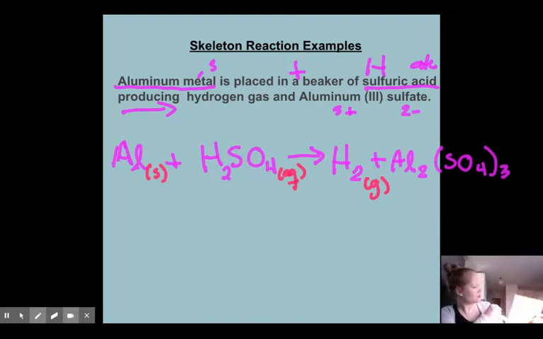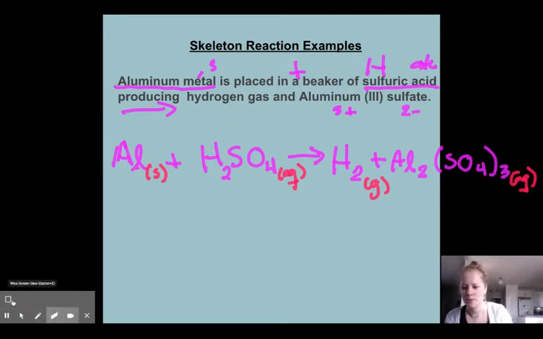Sulfate falls under SO4 2 negative, and I'm going to find aluminum on the top half, so this is going to be an aqueous compound. If you want to pause it, I'm going to erase and put 3, 2, 1.